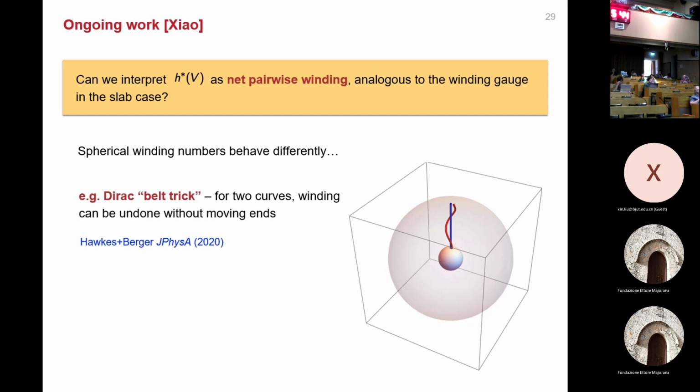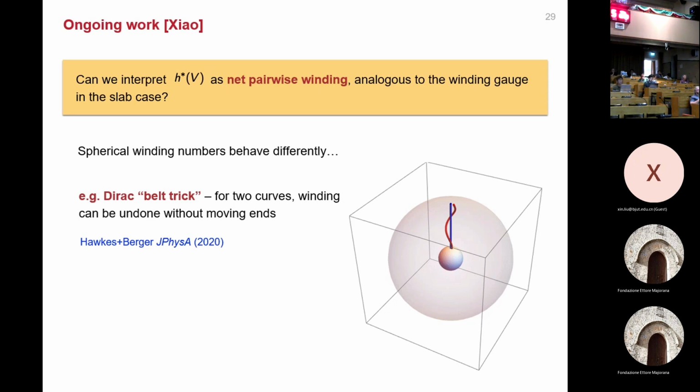That was our original motivation for looking at the Coulomb gauge, the winding gauge. We saw that this is probably the right choice because it has these other properties, but can we go back and say what it means in terms of winding?